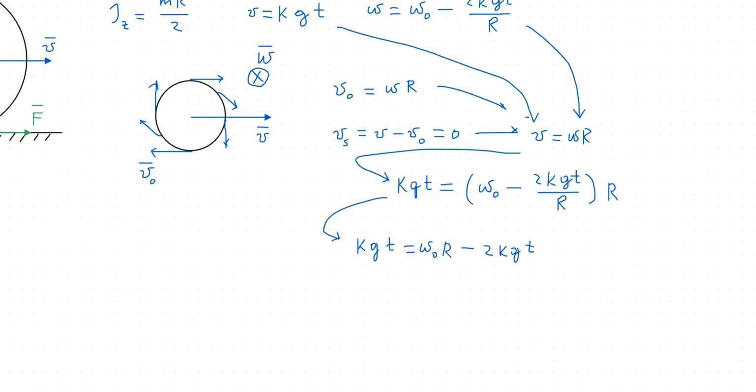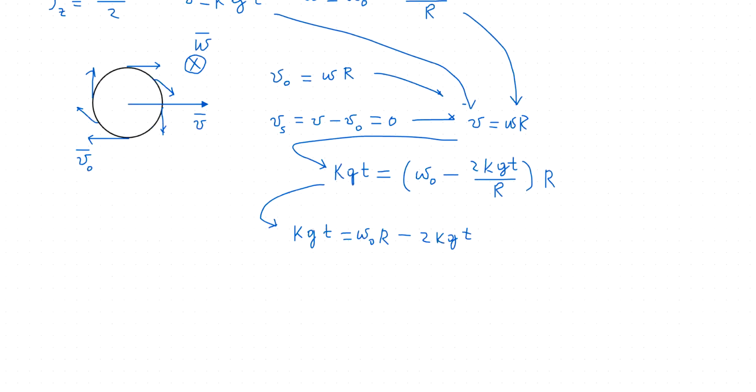And the time of slipping motion will be omega 0 r divided by 3 kg. Okay, this is the time period when the cylinder moves with slipping.